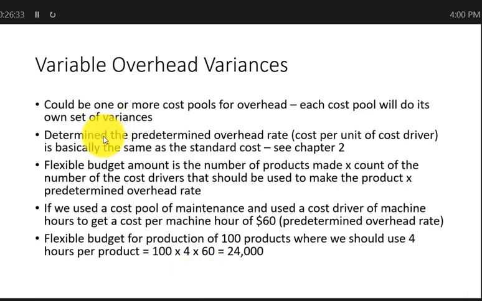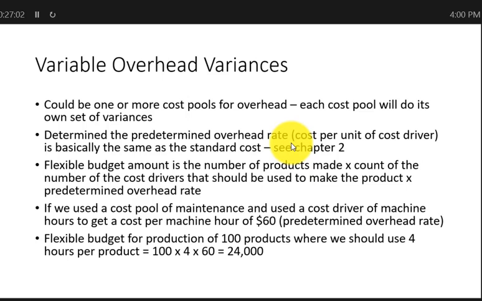So we have to use the predetermined overhead rate. That's the cost per unit of cost driver, very much like we did with the predetermined overhead. That's the standard cost for variable overhead. So we've just done the same thing, and they called it a little differently.